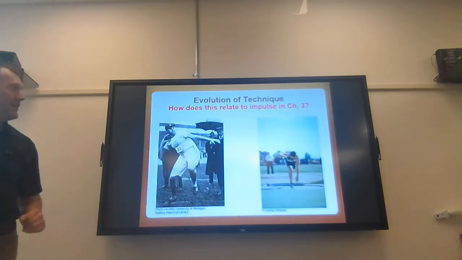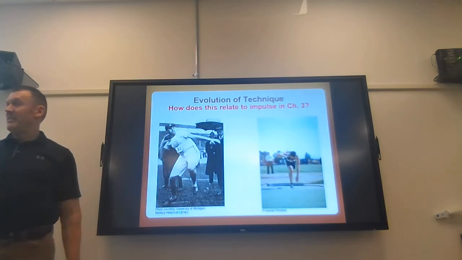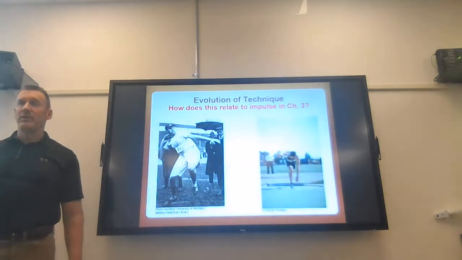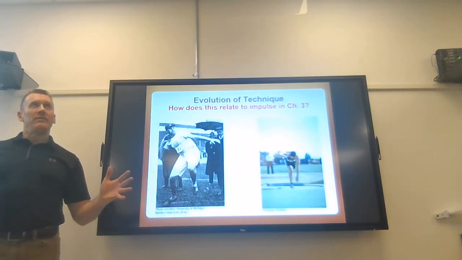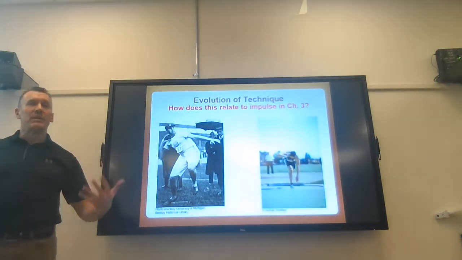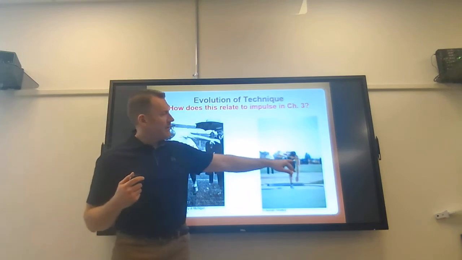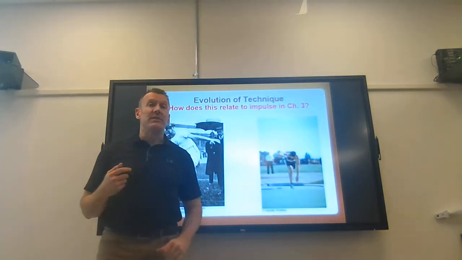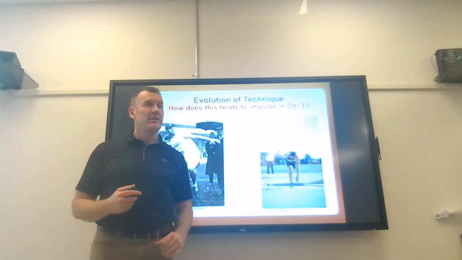So early 1900s, you started your shot facing the same direction you're going to throw, so you weren't able to build force over as long of displacement or as long of time. Whereas here, this is actually facing the opposite direction from where the shot is going to be projected.